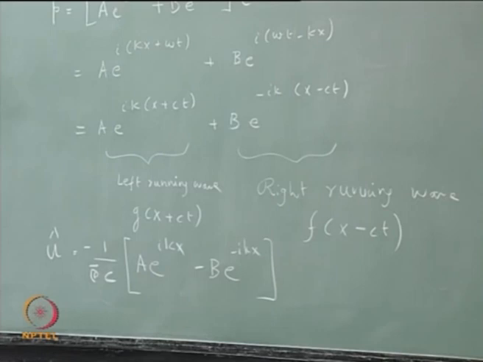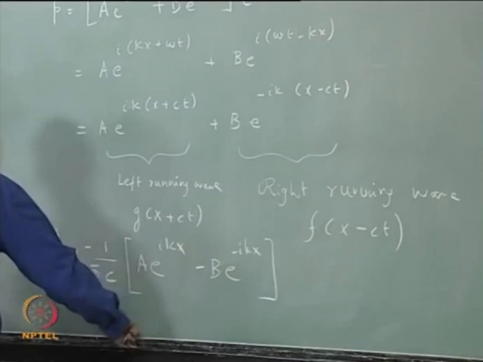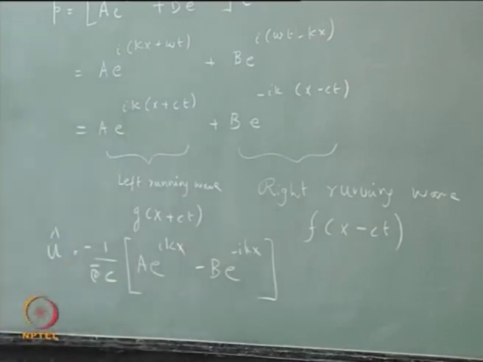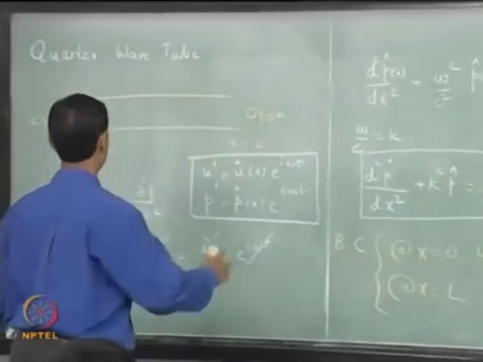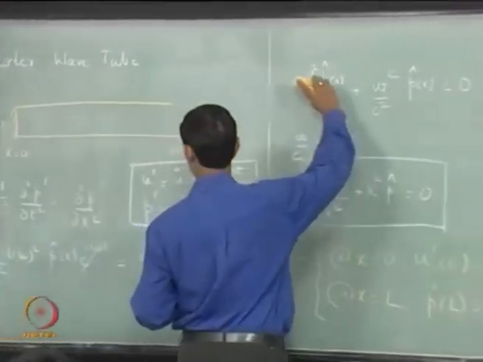This okay? Now if you multiply this u hat by e power I omega t, we can get the expression for velocity in the time domain, and then we can see how the waves, left running and right running waves, are moving. So I am going to erase here.